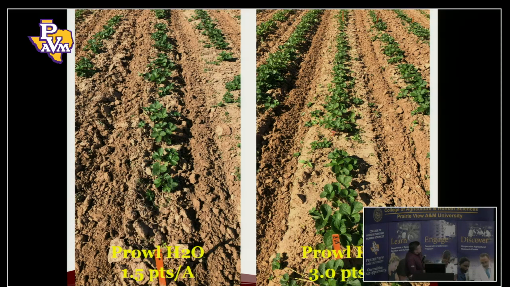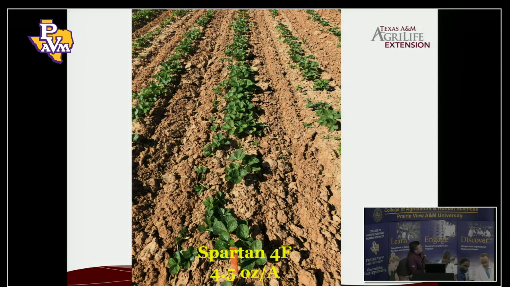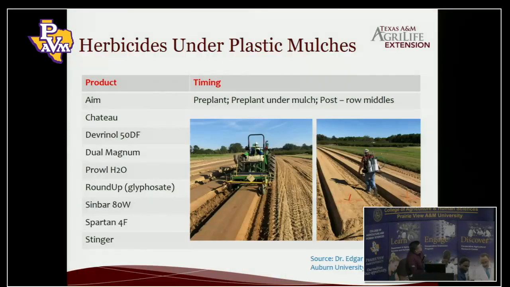Here's Prowl H2O, high rate and low rate. Spartan is one that's new to us, but it is registered in other states, but not mentioned under clear plastic. We're trying it under plastic, but we also have it in this field. So we've got it at a couple of locations trying it, and so far it looks pretty good. There's just not a whole lot of herbicides for strawberries out there.